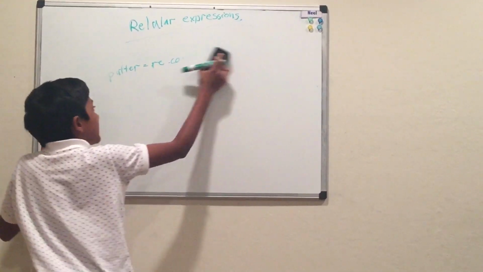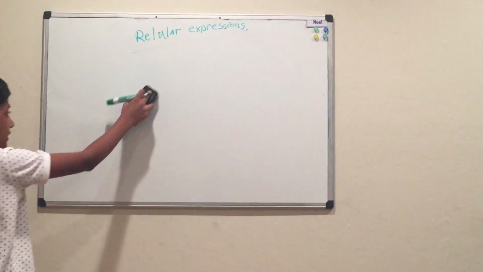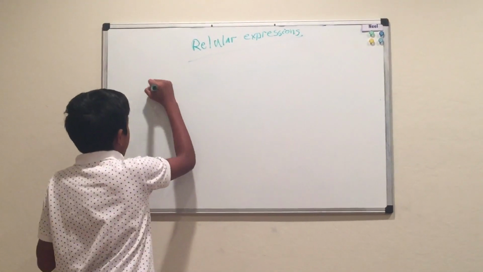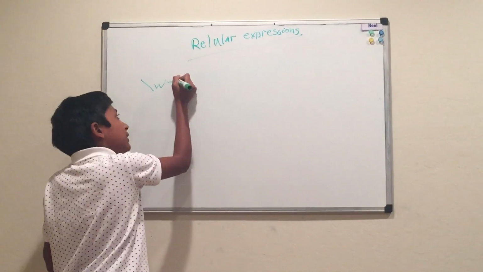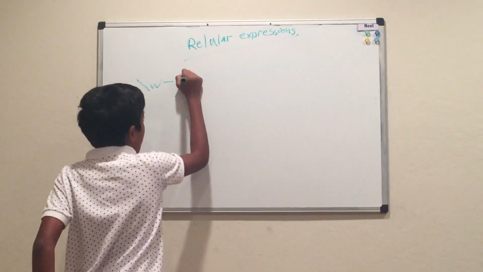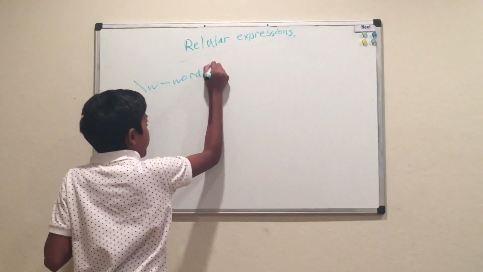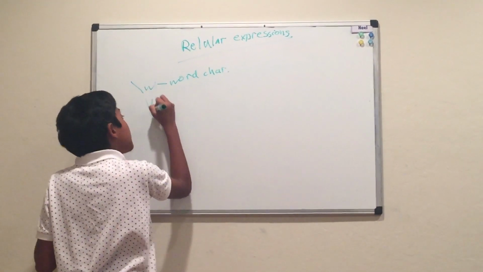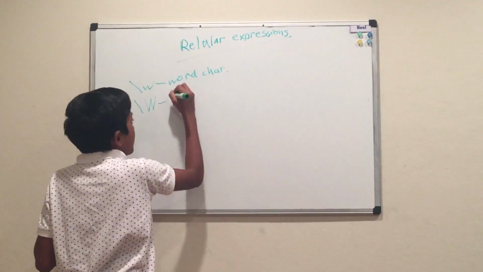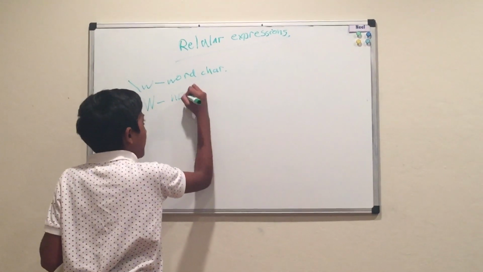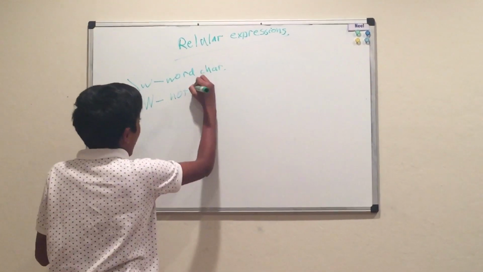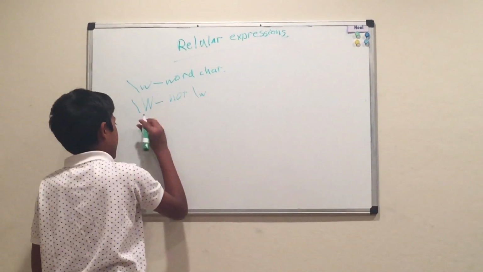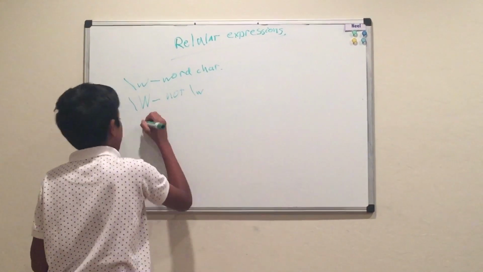This is the basics of regular expressions, and I just wanted to say that lowercase w with a backslash is a word character, and then uppercase W is anything that's not what lowercase w is, the word character.